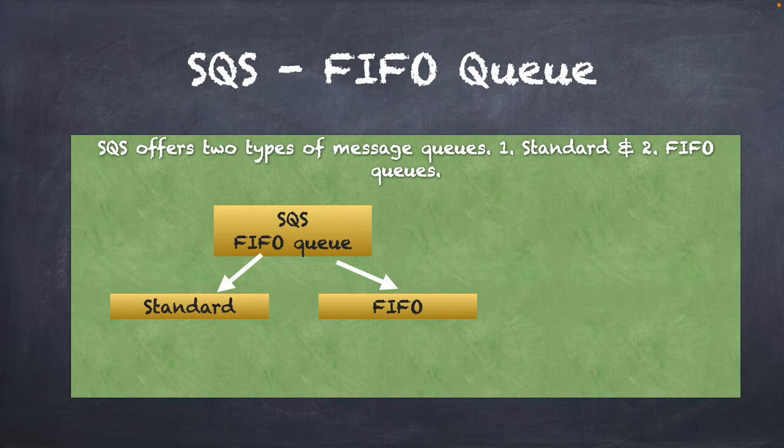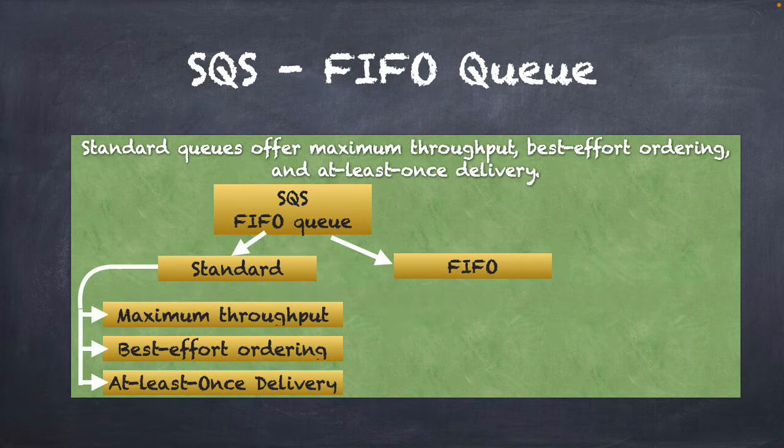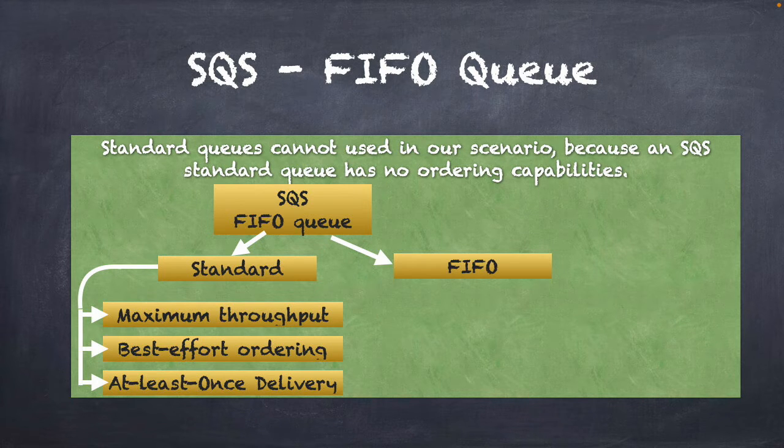The first is the standard message queue, and the second is the FIFO queue. The standard queues offer maximum throughput, best effort ordering, and at least once delivery. That means the standard queues cannot be used in our scenario because an SQS standard queue has no ordering capability.